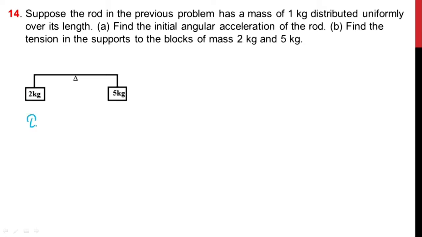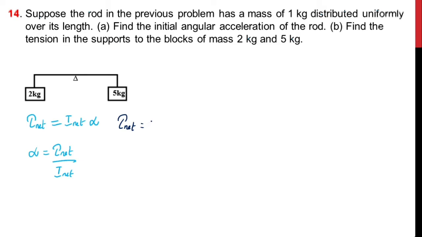So we can calculate here the net torque acting on the system is equal to the net moment of inertia into angular acceleration. So angular acceleration alpha is equal to the net torque divided by the net moment of inertia. The net torque is the moment due to the 5 kilogram, which is greater than the moment due to the 2 kilogram.